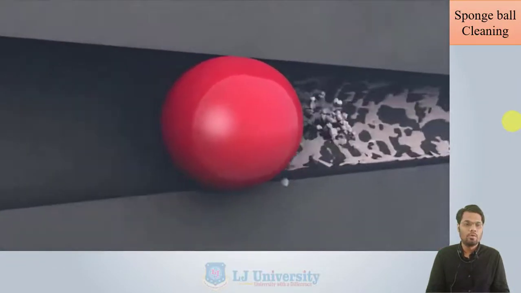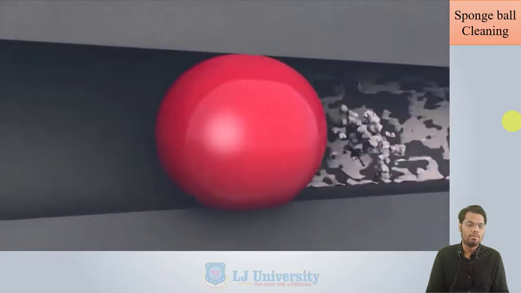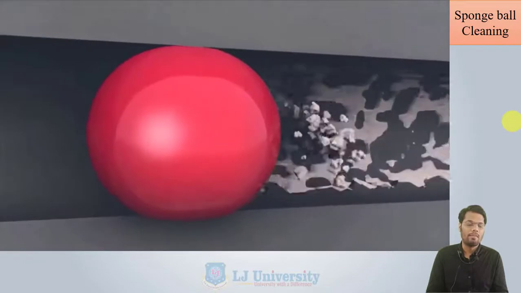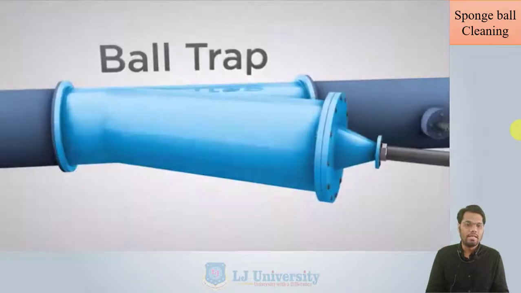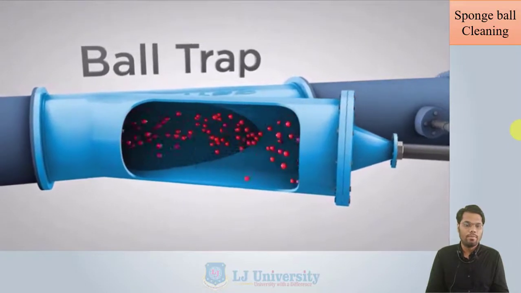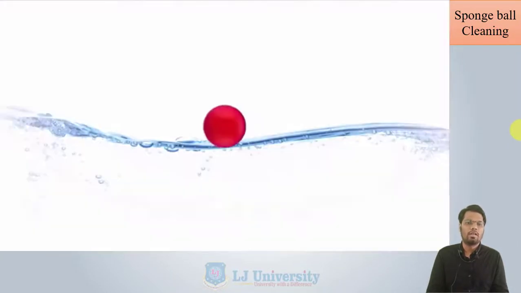So as you can see, this sponge ball removes the fouled particles from the inner surface of the pipe of the heat exchanger. After that, it is going to be collected at the ball trap valve. So this is the method which is known as sponge ball cleaning.